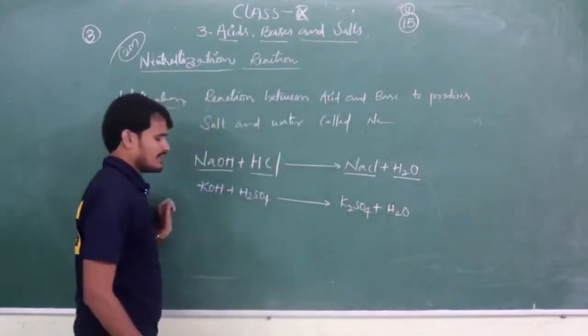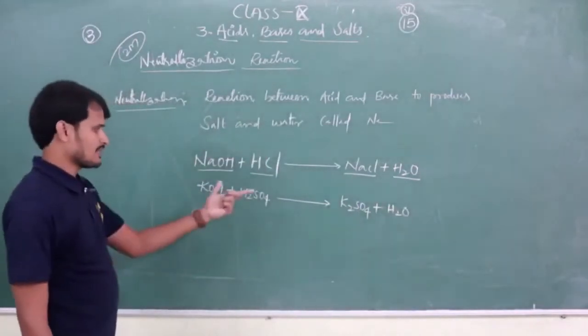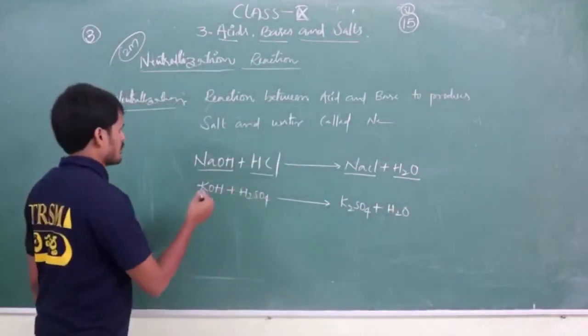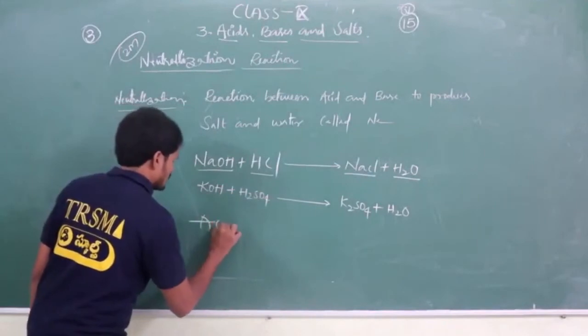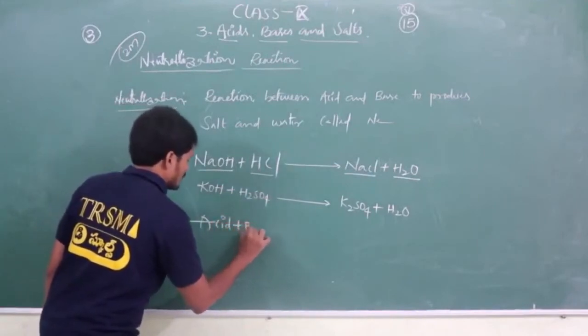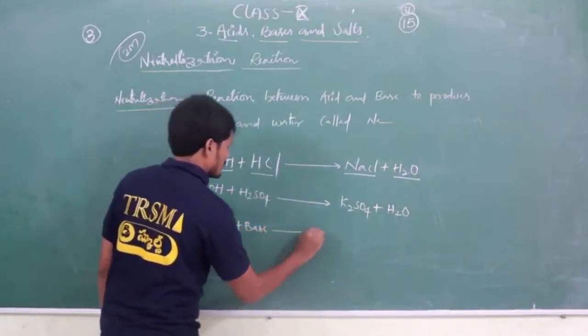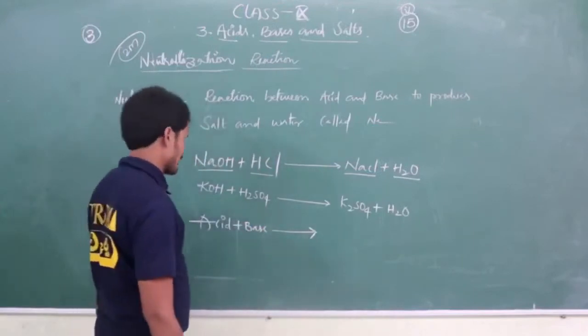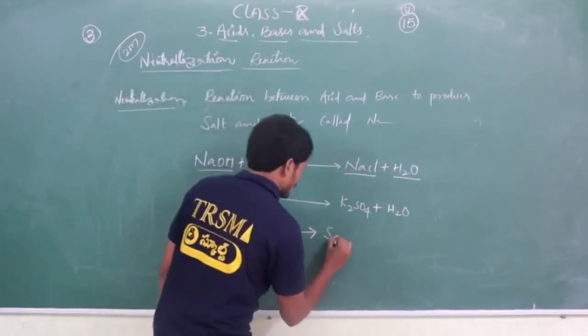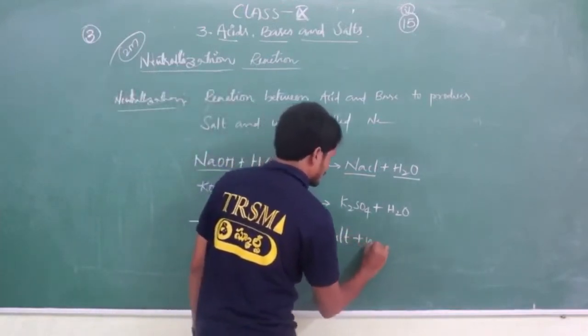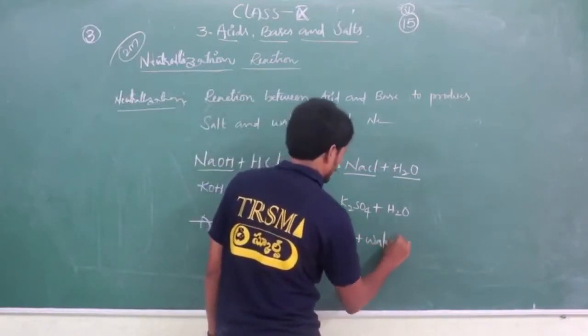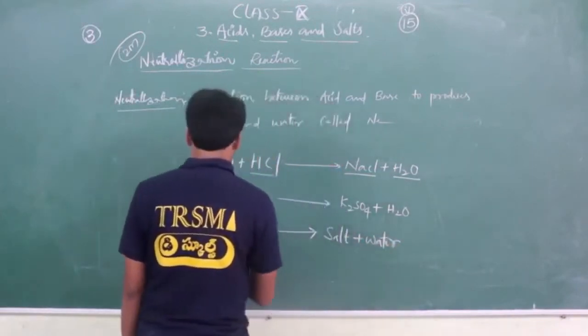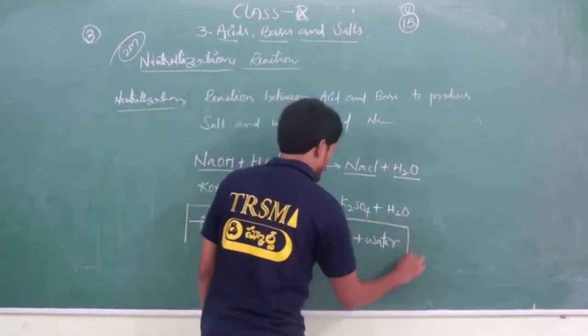So you can take any reaction with acid and base, and we will get one salt and water. So what is the general formula? Acid plus base gives rise to salt plus water.